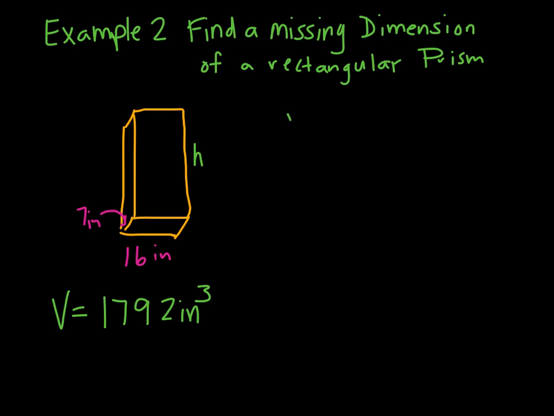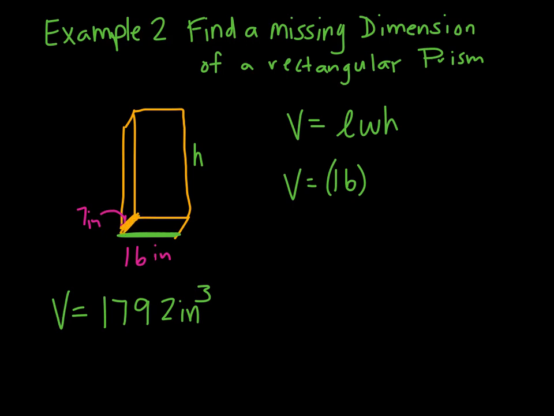So we always start with volume equals length times width times height. Do you have to write it? Yes. Write it every time. The next thing is we start plugging in numbers that we know. We know that our length is right here, which happens to be 16. Do we know our width? Let's check it out.